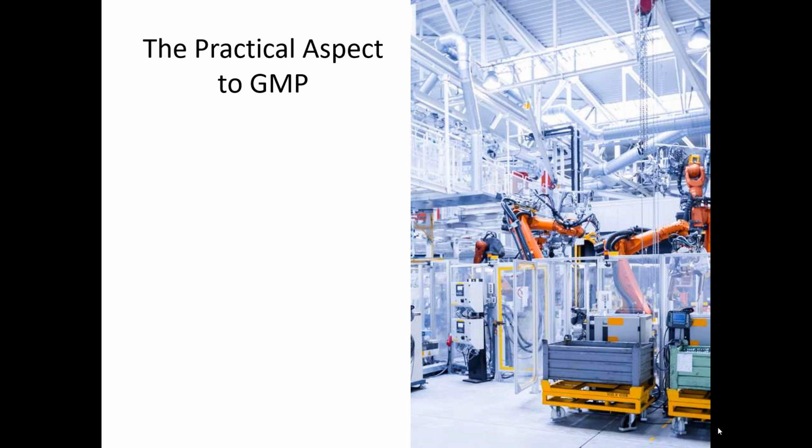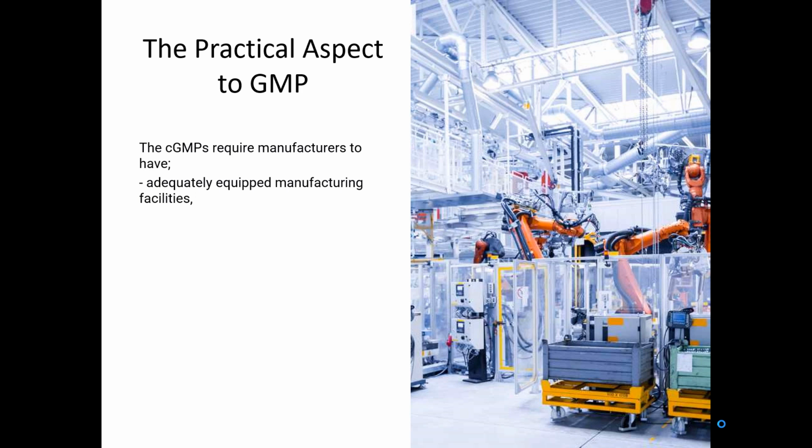So what are the practical sides to GMP, good manufacturing practices? If you're working in a pharmaceutical company, you need to know the practical aspect of GMP. So what are they?